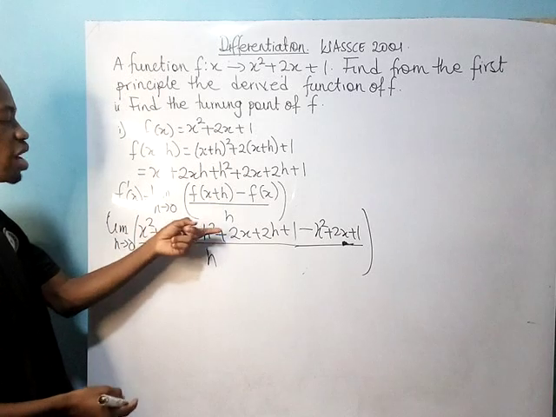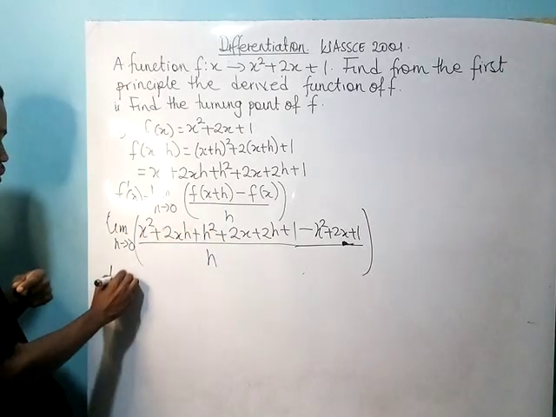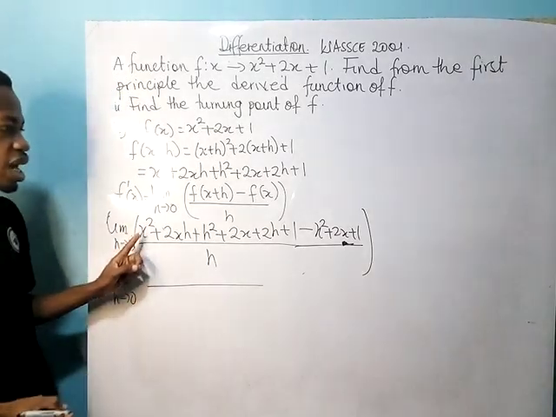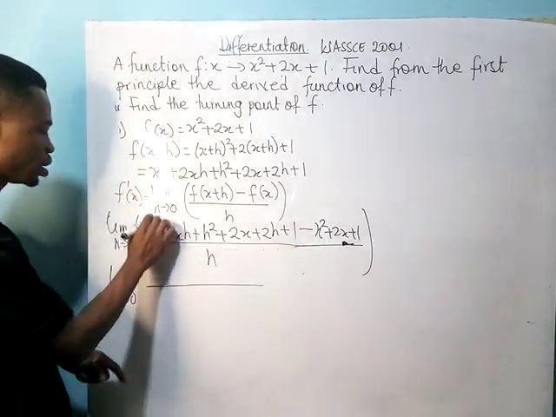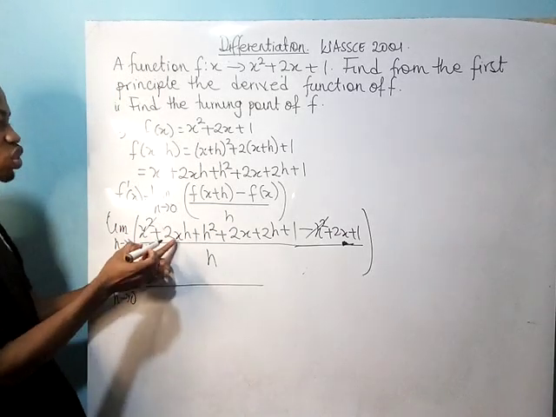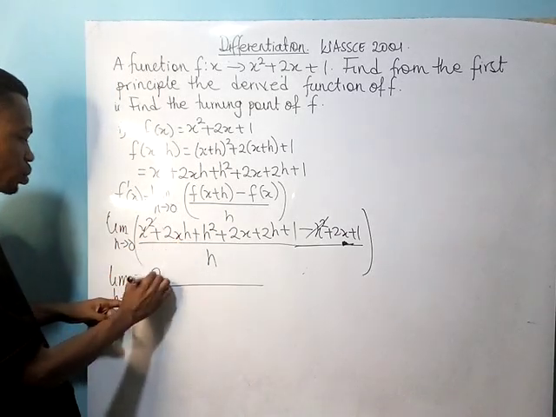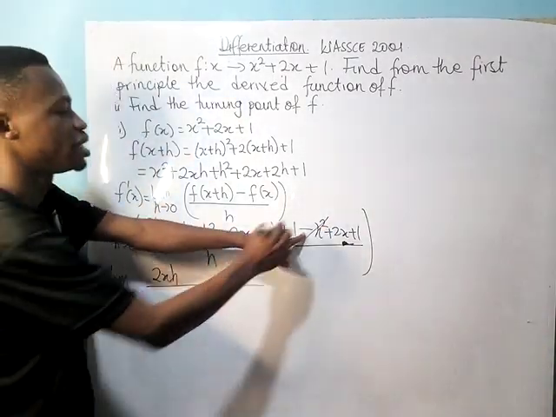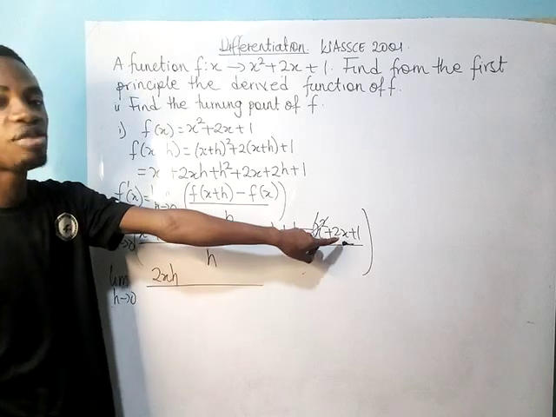Now let's simplify what we have here. So here, x squared minus x squared being cleared off. Now here we have 2xh. But remember, the minus sign here affects everything in the bracket.